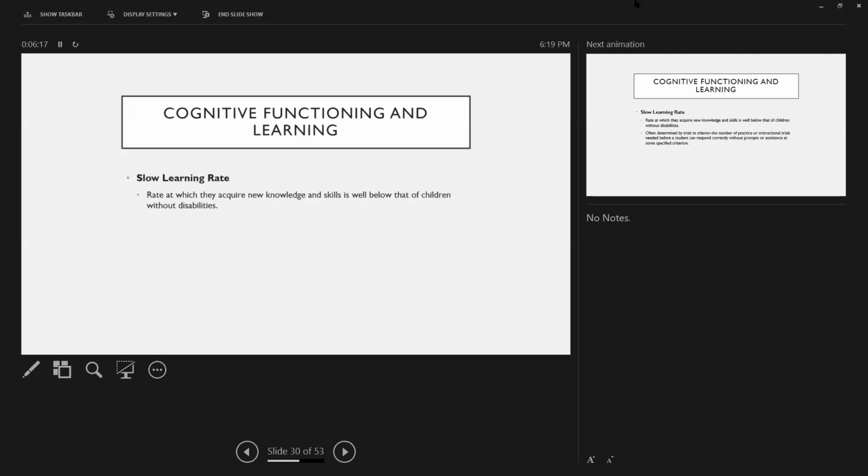And one way that this is determined is by this concept of trials to criterion. This is the number of practice or instructional trials needed before a student can answer a question correctly on their own without any kind of help from a teacher.